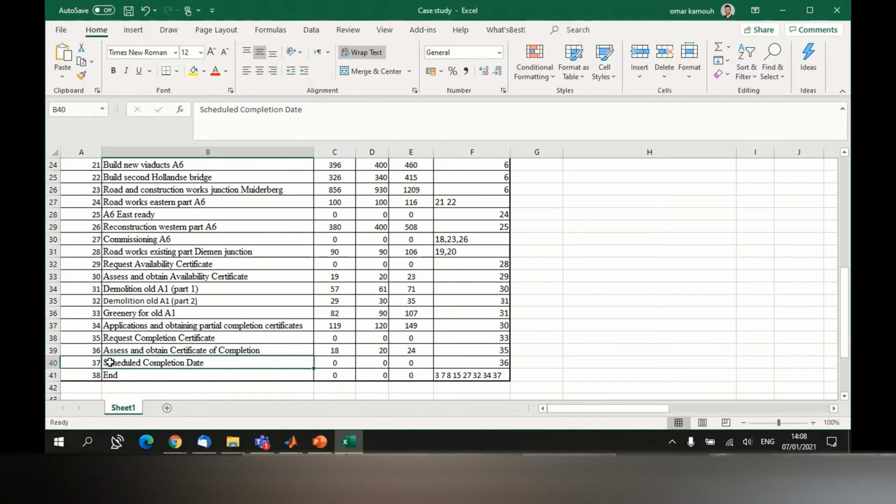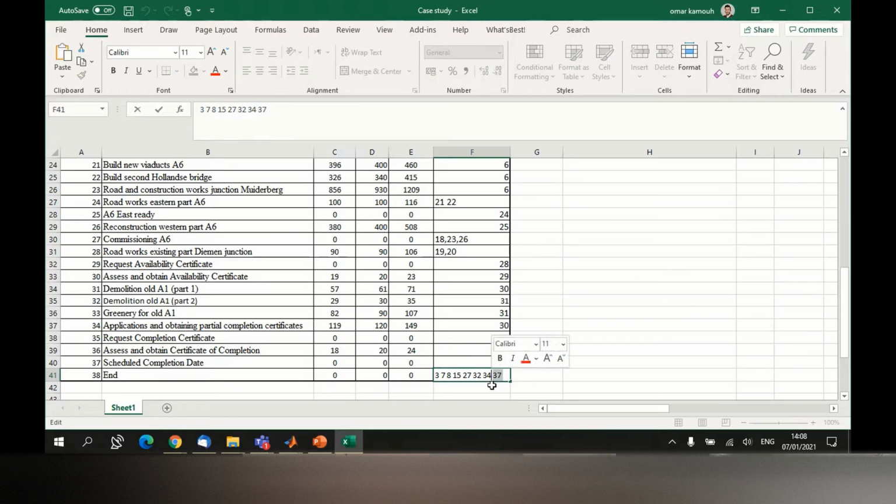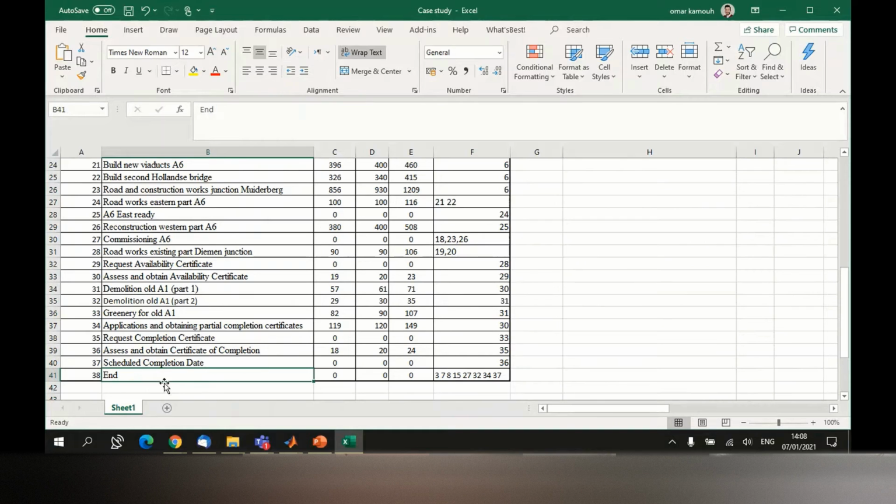We don't have any activity after it, so it's connected with the end. So the end has predecessor activities 37, and 34, 30, 32, and so on. All activities that are on the edge and do not have successors should be connected with the end activity. Maybe when I run the analysis, I will show you the network and it will be clear for you.